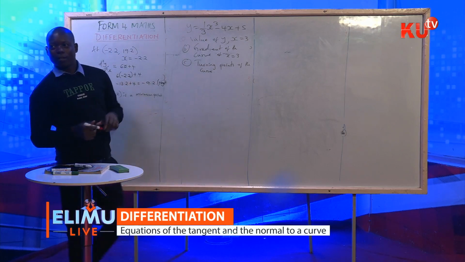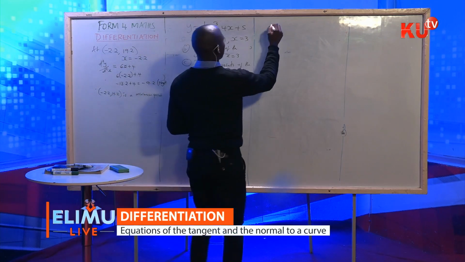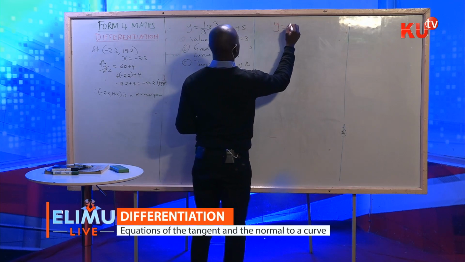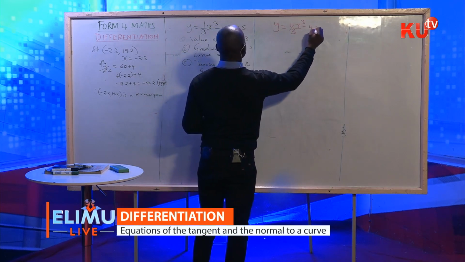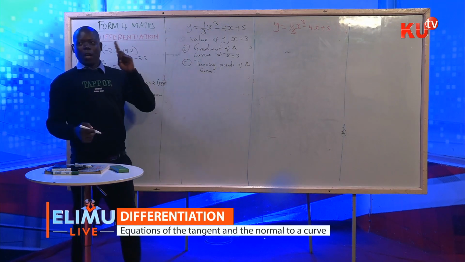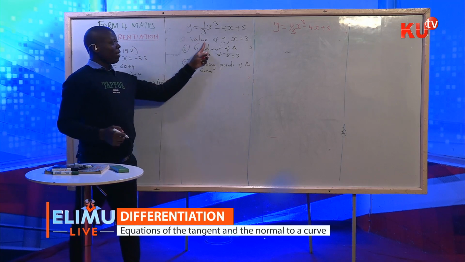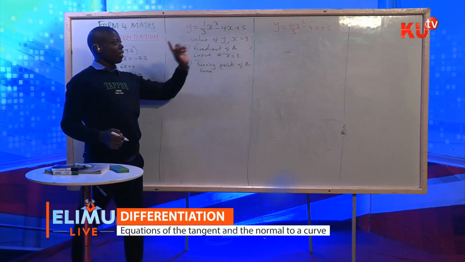So we'll start, students. The first thing is we have the function of the curve: y equals a third x cubed minus 4x plus 5. You are asked to find the value of y when x is 3. That is very direct.